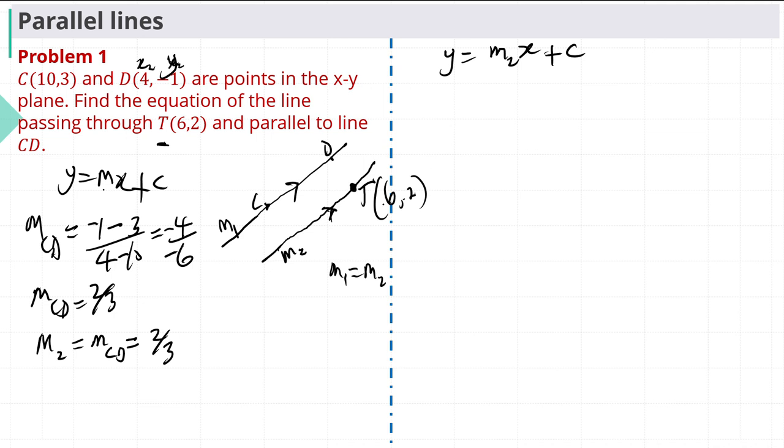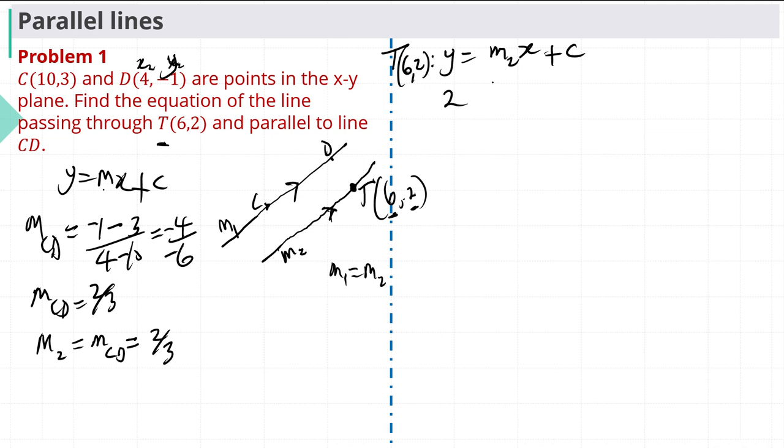The point T lies on the very line we are finding, so we can substitute the coordinate of T into it.